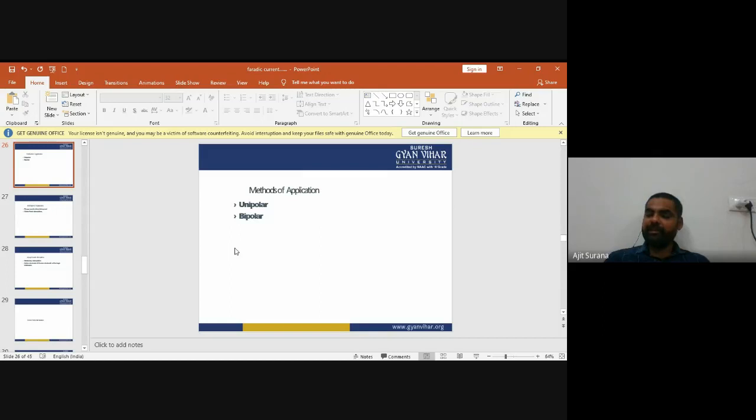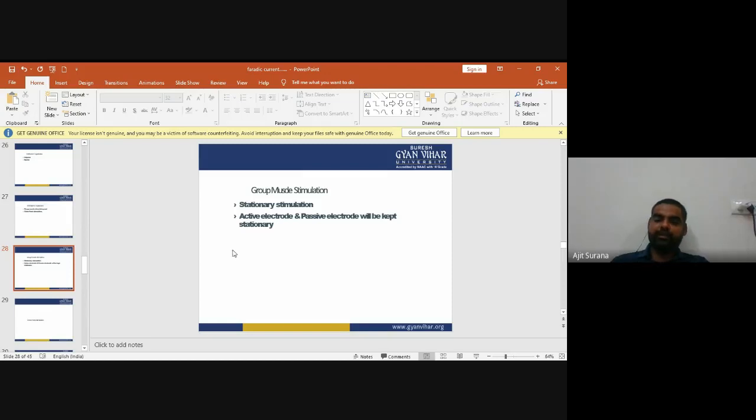Techniques of application, method of application: unipolar, bipolar. The techniques are group muscle stimulation and motor point stimulation. Group muscle stimulation makes all the muscles of a group work together.